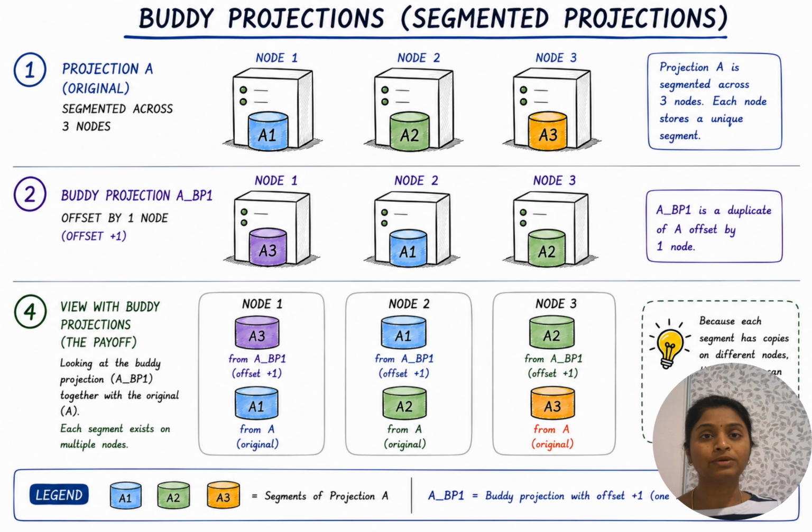A1 lives on node 1 and node 2, A2 lives on node 2 and node 3, and A3 lives on node 3 and node 1. So every segment exists on two different nodes. So if any node fails, its data is still safe on another. Nothing is lost. That's a buddy projection. One duplicate offset by a node and your database survives a node failure without losing the data.